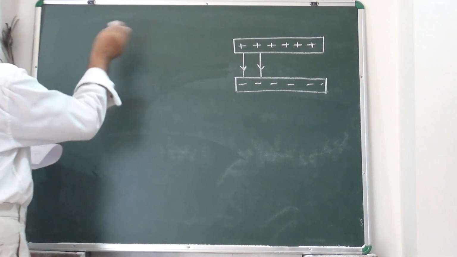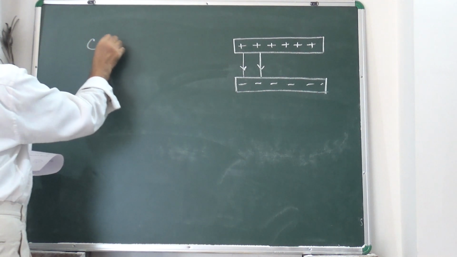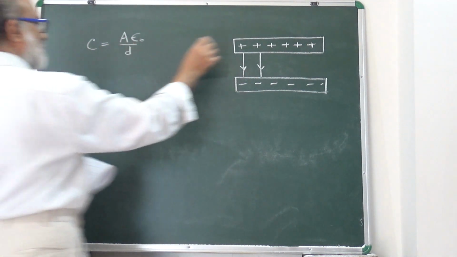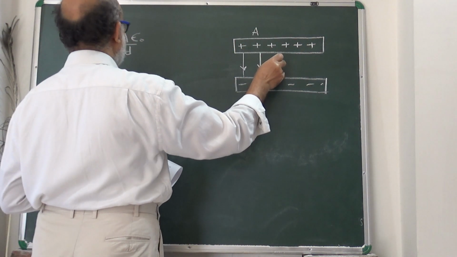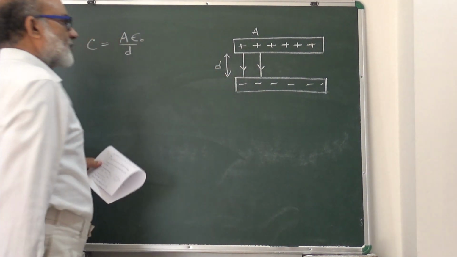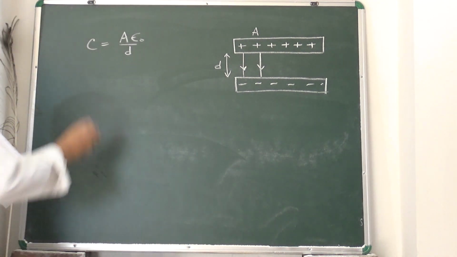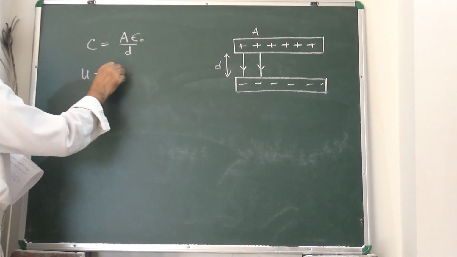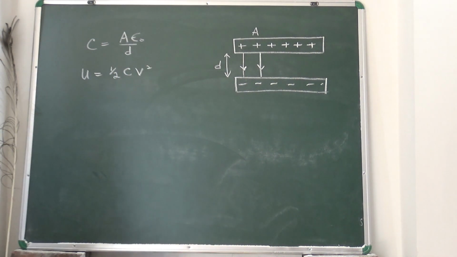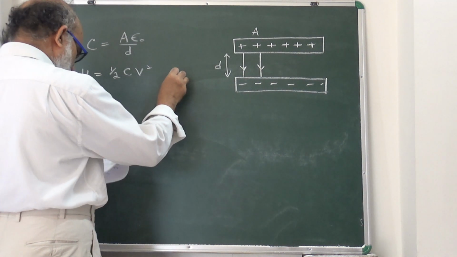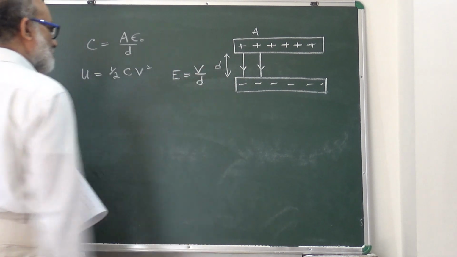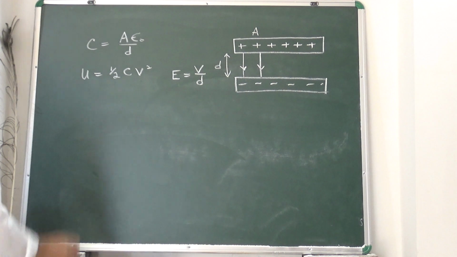The capacity of the capacitor plates is A epsilon naught by D, where A is the area of the plate, epsilon naught is the permittivity of the vacuum, and D is the separation between the plates. The potential energy stored is half C V square, where V is the potential between the plates, and it is related to the electric field by V equals E times D.